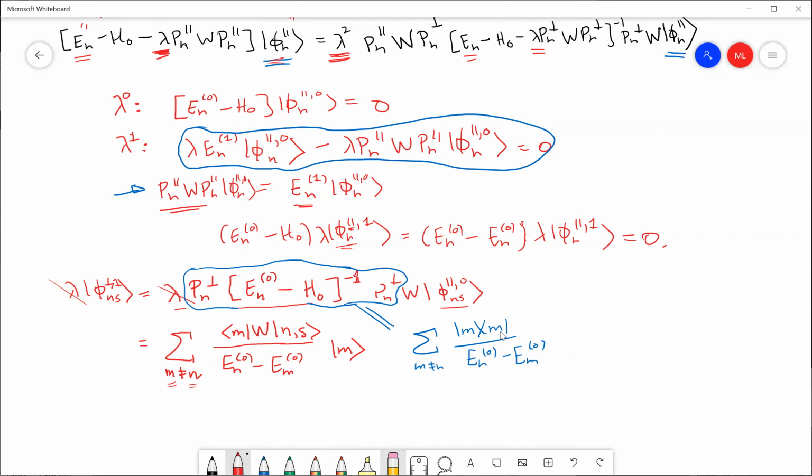This is just the inverted operator in the perpendicular subspace. So it's a sum of projectors over the non-degenerate portion of the space, and the operator is diagonal in that basis. So it's just 1 over the difference in those eigenvalues. And this never blows up, right? Because m is never equal to n, and the m's are all non-degenerate. So nothing bad happens there.